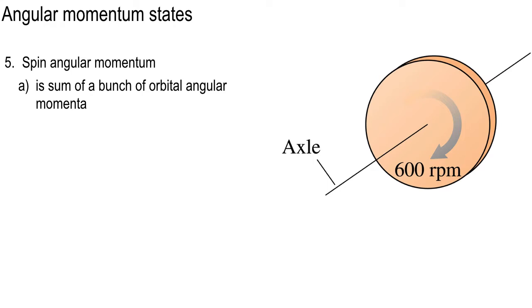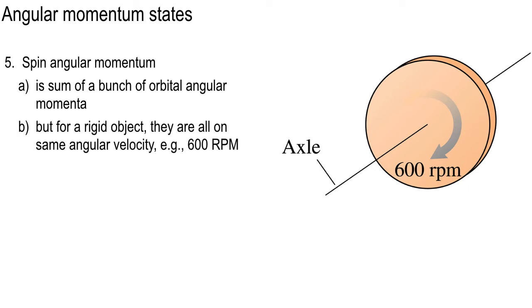So that's L equals MRV for that one. That was easy. And then you just do that for a bunch of little pixels and add them up. Now here's the thing about it. If it's a rigid object, now the solar system's not rigid. It's more like a fluid, different speeds, different places.